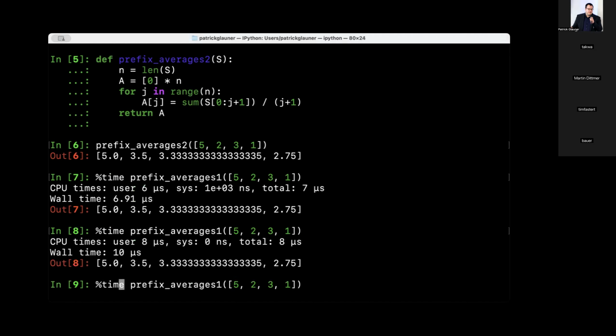What we can do is run %timeit, and if we run timeit, this experiment will be run multiple times.